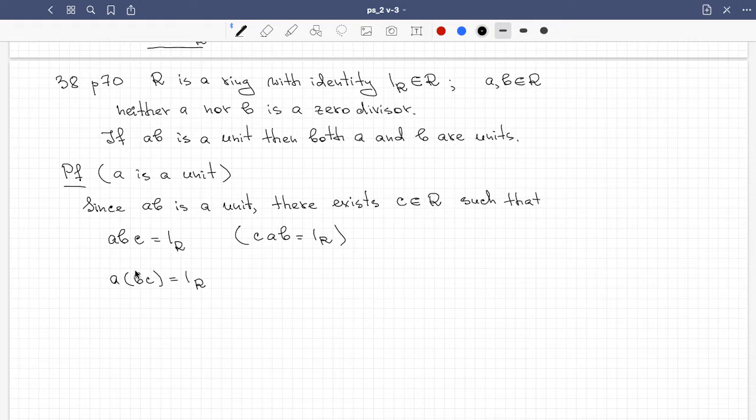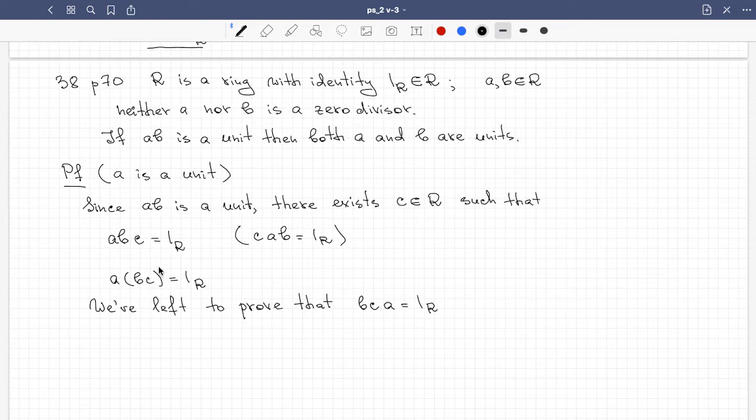But now we are left to prove that BC times A is also identity, that BC is indeed the inverse for A. We wanted to prove that A is a unit.